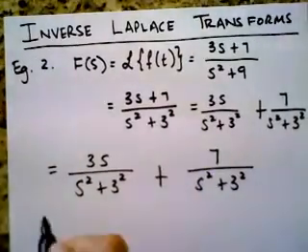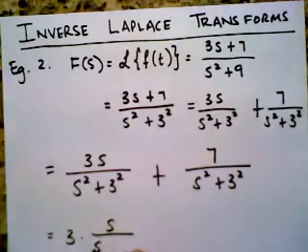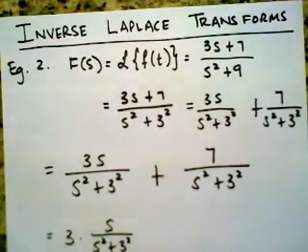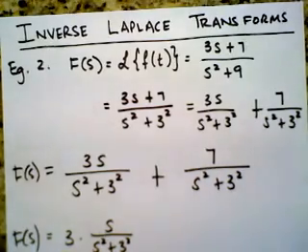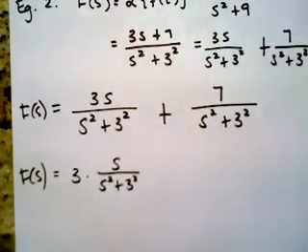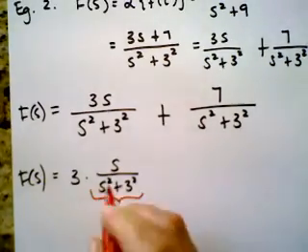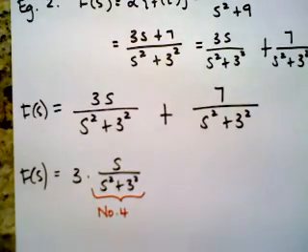So for the first term, you can write 3 times s over s squared plus 3 squared. Let me put the F of s down here so we're clear which function we're working with. That now looks like number 4 on your table.